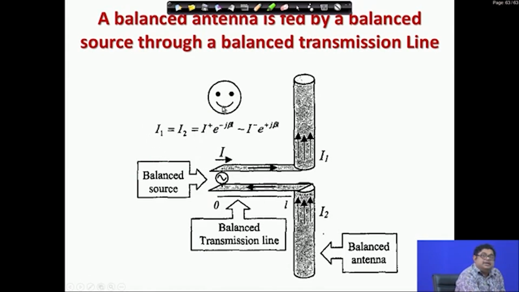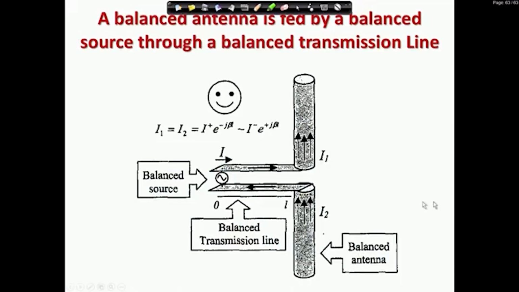So, again the antenna designer is happy, but this is true for low frequencies. At high frequencies, this transmission line won't be able to carry the power here, it will start radiating.